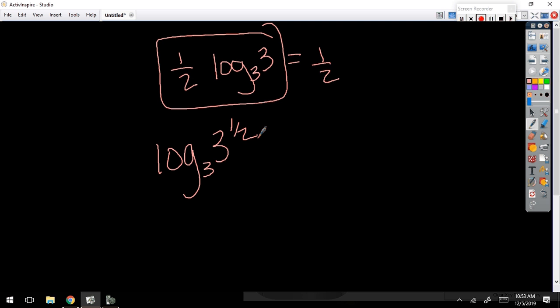I was just saying if you simplified that expression, because log base 3 of 3 is 1. All right, let's put them together.